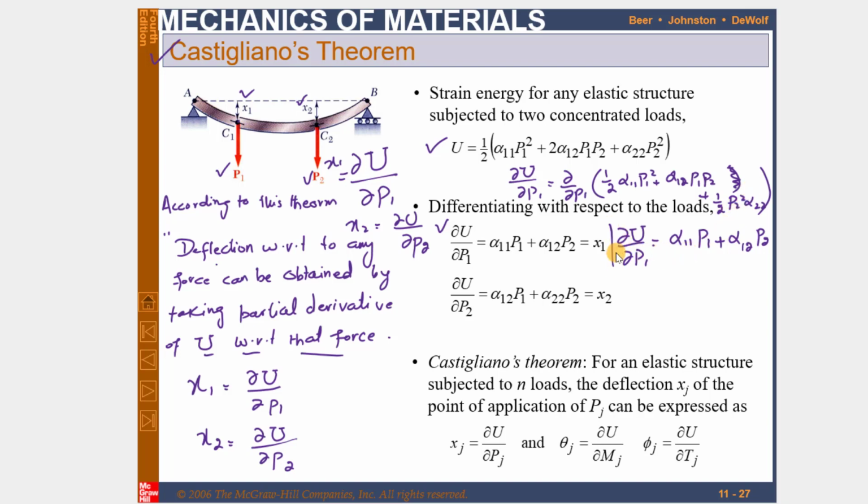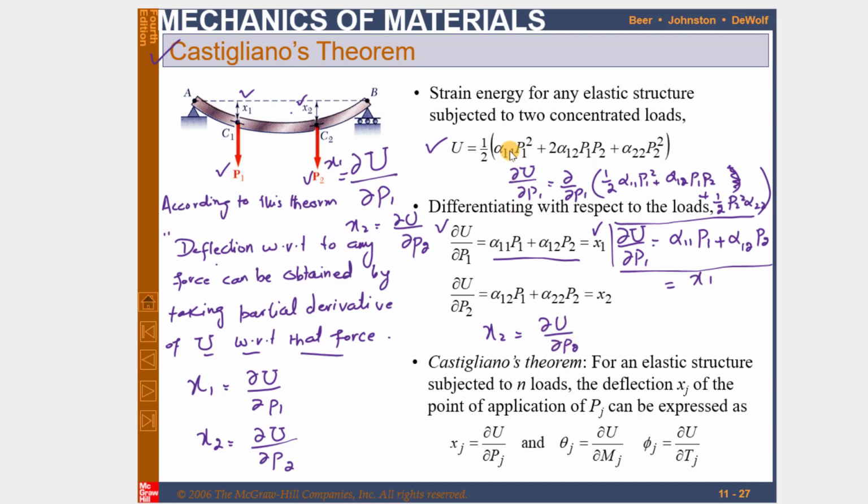Clear? And this term is constant, so there is no P1, so this will be 0. So you can see this partial u over partial P1 will be equal to A11 P1 plus A12 into P2, which is given over here. And this is deflection x1, because we have seen that partial u over partial P1 is x1. So this will be equal to x1. Similarly, deflection at point 2, x2, will be equal to partial u over partial P2.